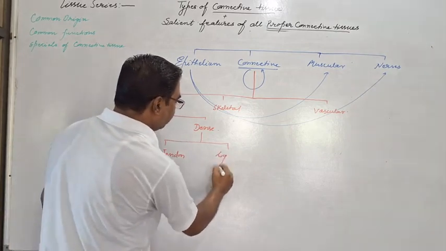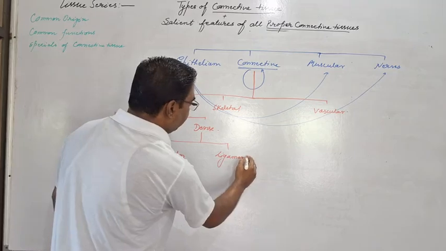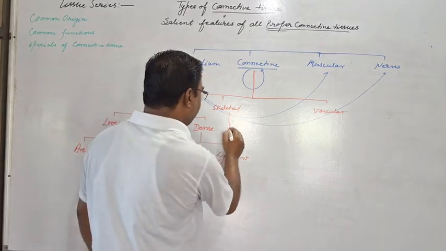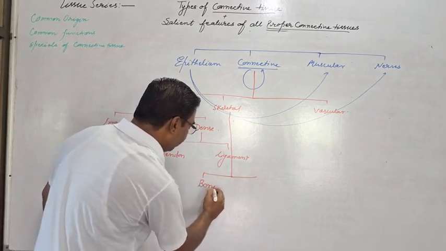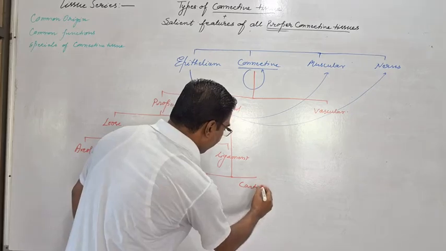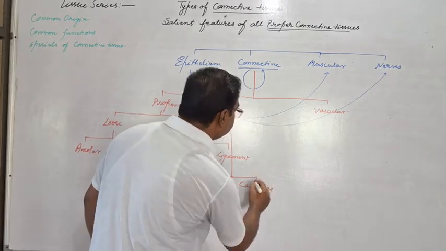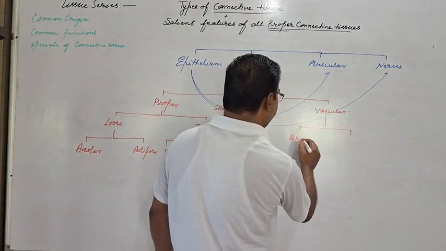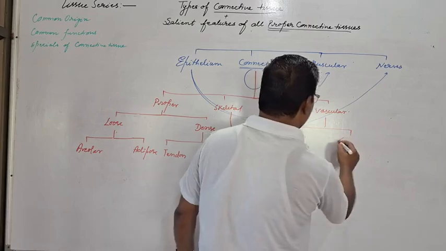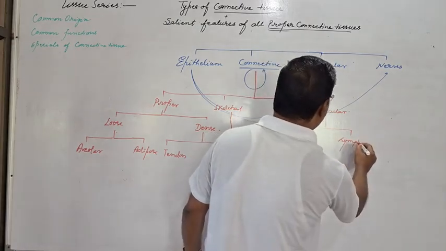tendon and ligament. Skeletal is divided again into two, bone and cartilage. Vascular is divided into two, that is blood and lymph.